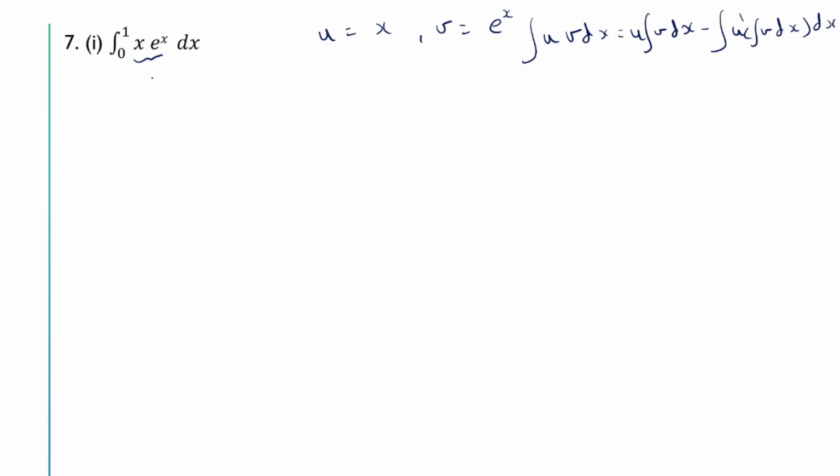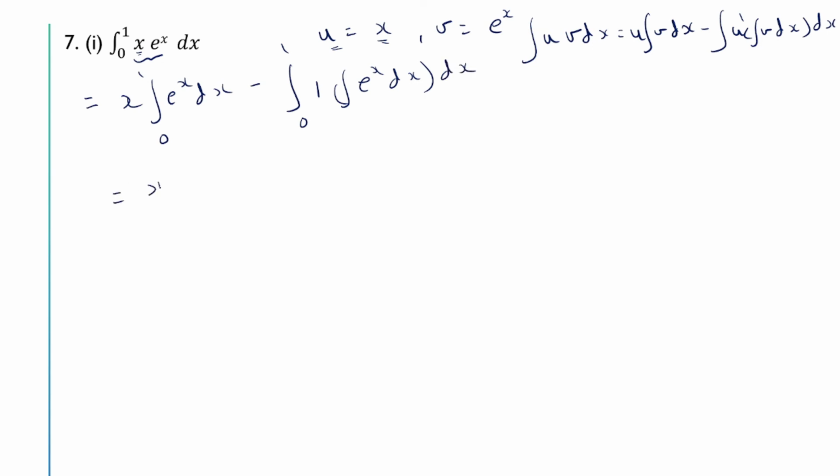So this integral 0 to 1 x e raised to x dx is equal to u, here u is x, so x integral e raised to x dx minus integral 0 to 1 u dash is derivative of x, so it is 1, integral v is e raised to x dx into dx.